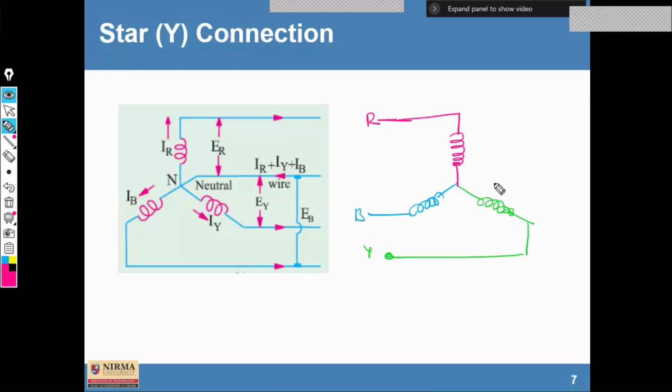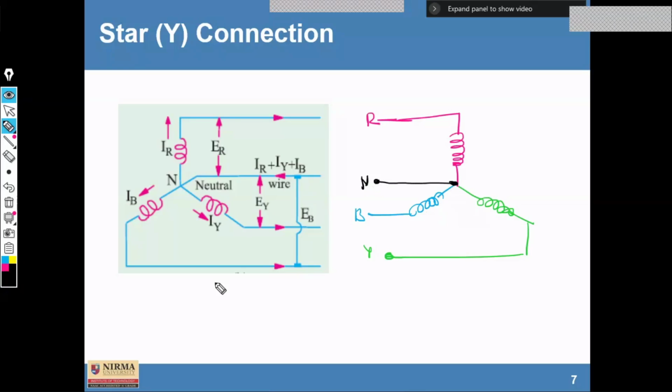Okay. Now let us try to understand the line voltage and phase voltage, and let us try to understand the phase current and line current. Okay. So here there is a neutral from this point. Now we can use this connection for both conditions, whether it is balanced or unbalanced.